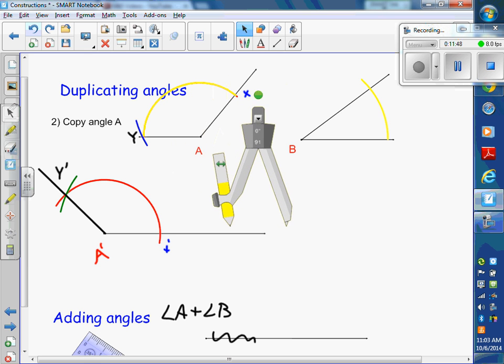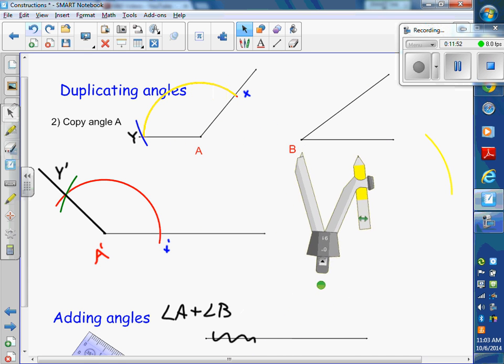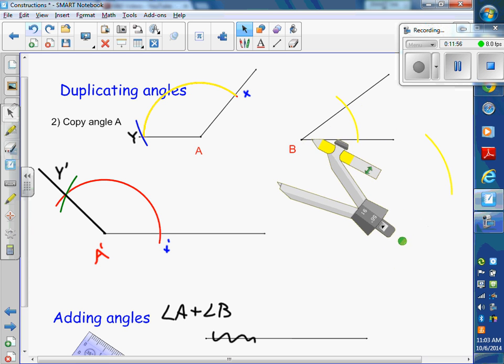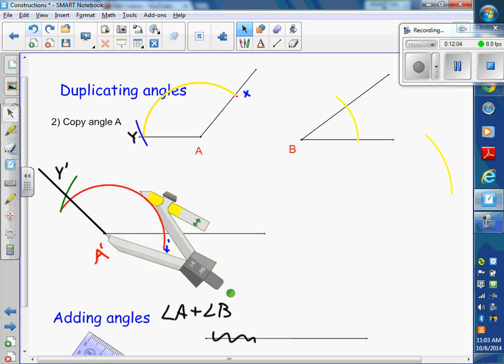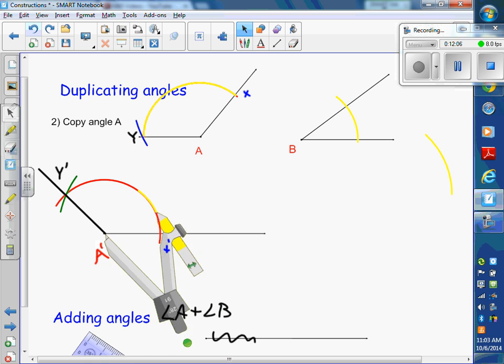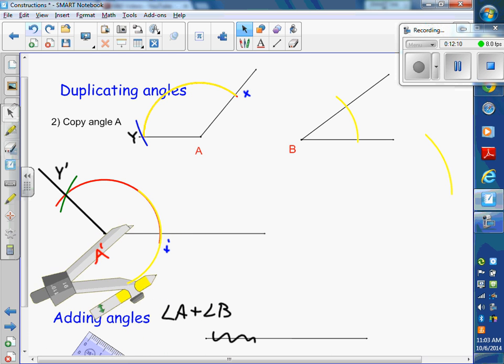The reason is you have so much less to look at. So I'm going to use that same size arc, because now I can just extend that red arc a little farther. And now I'm going to measure the width of B.